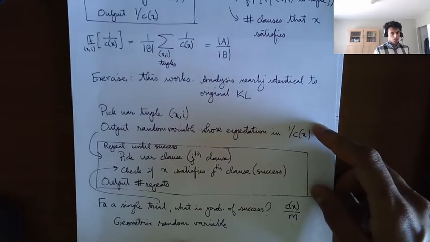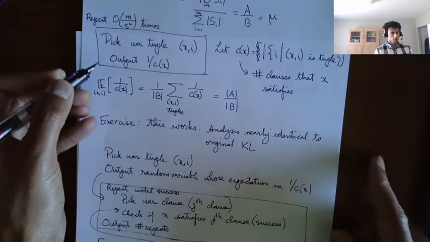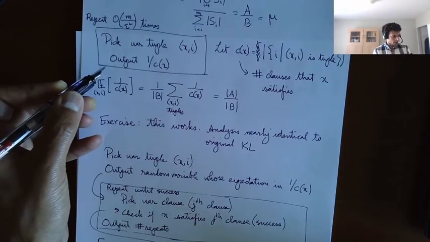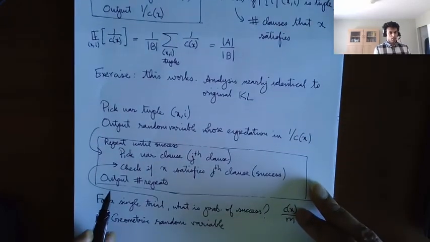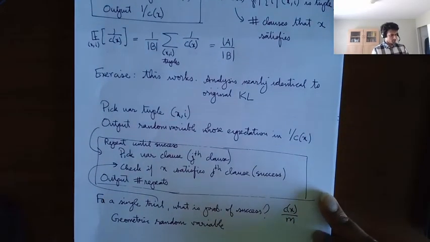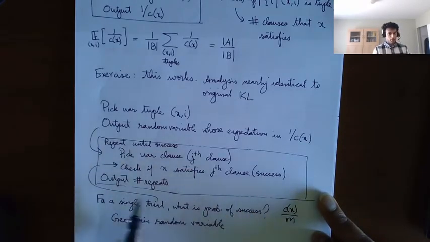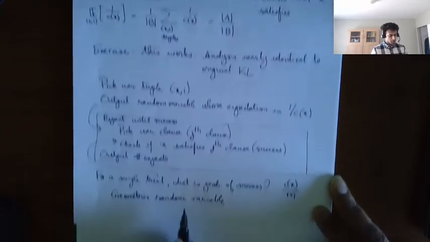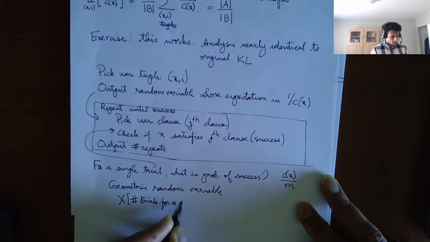So recall, let's go back to Karp-Luby. What we did, remember, we want to pick a uniform random tuple and we want to output 1 divided by C of x. I can construct a geometric random variable. Now remember, for a single trial, the probability of success was Cx by m. So what is the expected number of trials for a success?